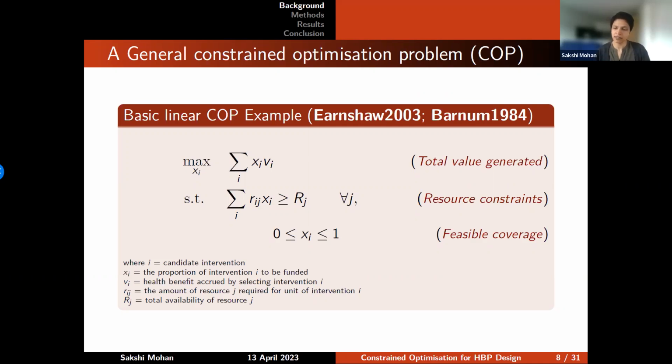The objective here is to maximize the value generated by a choice of xi's, which simply is the product of xi and the health benefit generated by delivering the intervention i to the population in need, which is represented here as vi. Constraints are the set of resources j, which are required to deliver the intervention. The final constraint at the bottom simply means that the chosen proportion of funding should firstly be non-negative and it should be less than 1.